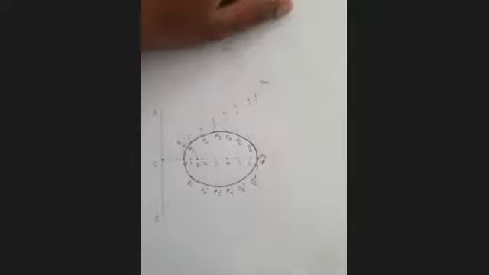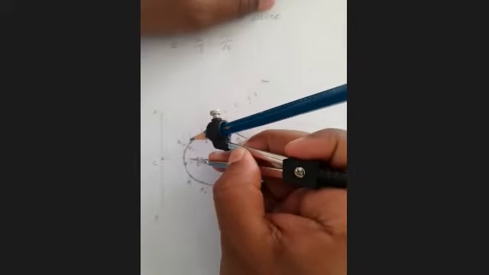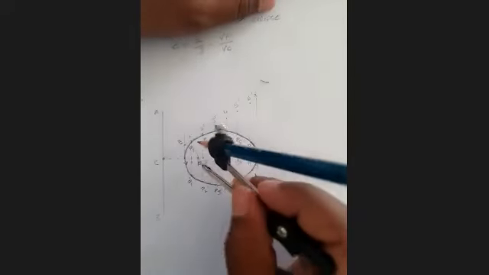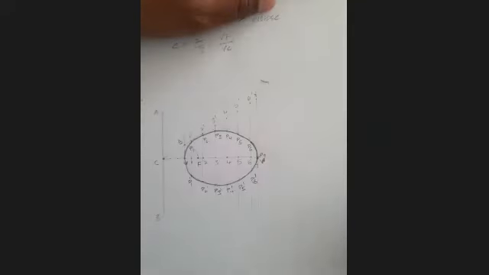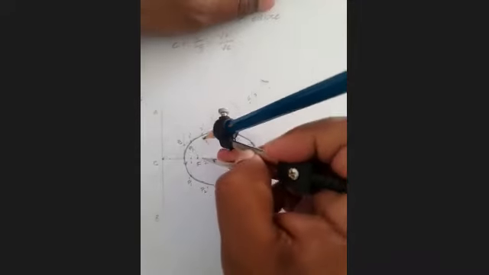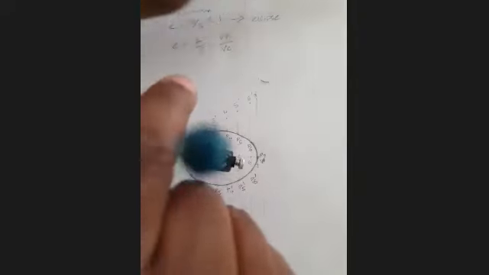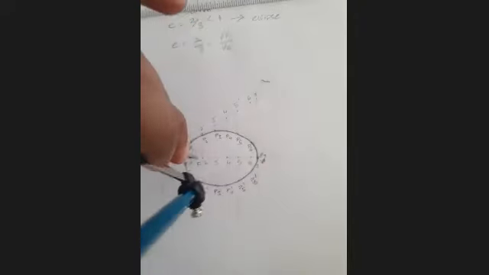How can we cut the arc? See, go to the first division, take 1 to 1 dash as radius, F as center, cut the arc above and below on the first line. Then you will get P1 and P1 dash. Next, go to the second division, 2 to 2 dash, F as center, cut the arc above and below.